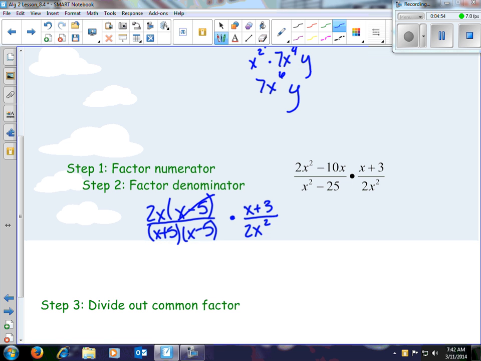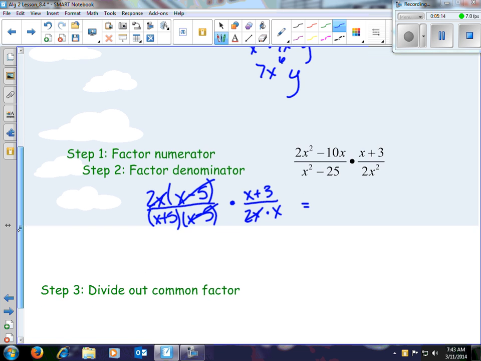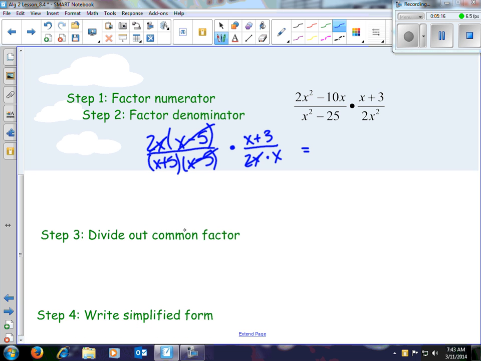So now I have this stuff. This cancels. Now if it's 2x squared, I can rewrite this as 2x times x. So then my 2x's cancel. So then I am left with, sorry, let's go to step 3. I skipped a step. Divide out the common factor. How I'm going to do that is I'm going to get rid of all of my pieces that are common.